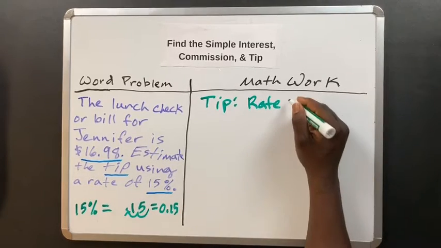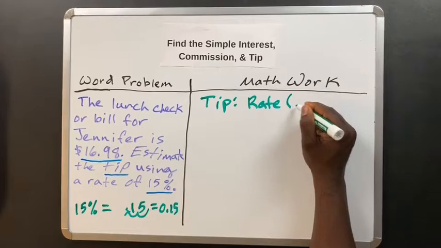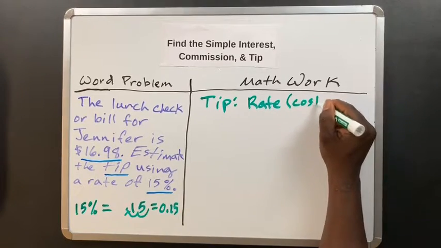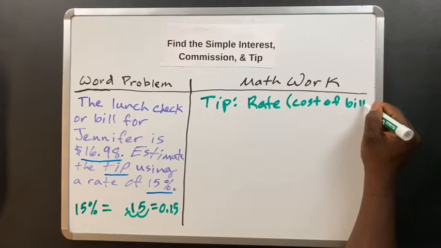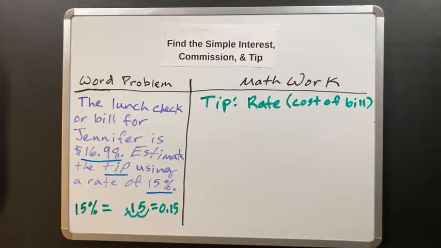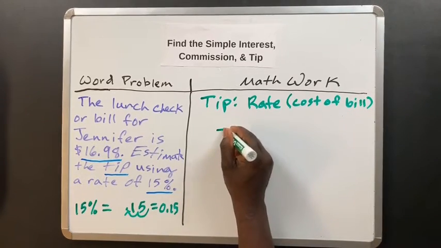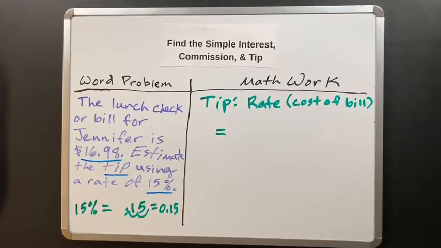And you multiply it by the cost of the bill. And that's how we can calculate that tip. And so then you take that tip and you add it to the total cost of the bill. But we're not doing that, we're just calculating the tip. So here we go. We're just going to go ahead and follow this formula, if you will.